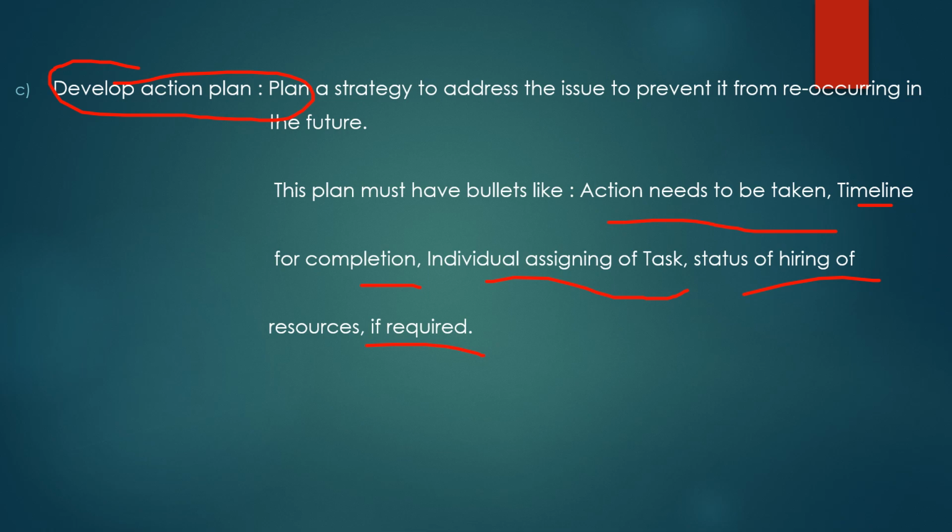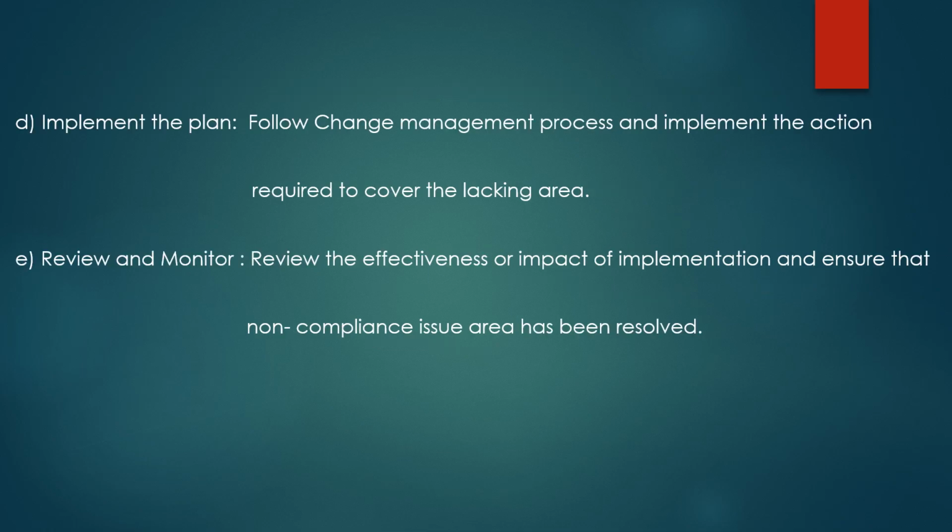Coming to the next step, you can implement the plan. Follow the CM process. CM is the change management process, and implement the actions required to cover the lacking areas. Then monitor and review: review the effectiveness or impact of the implementation and ensure that the non-compliance issue has been resolved.